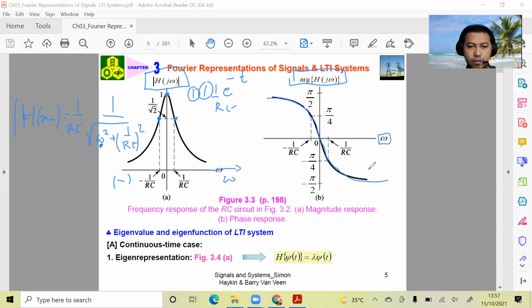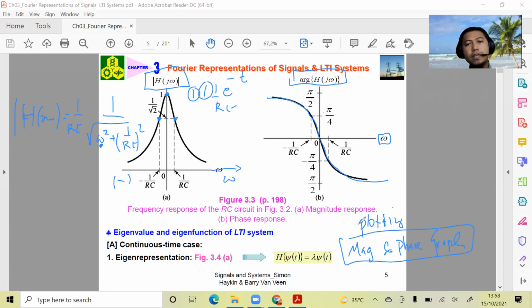Okay. That's enough about how to represent. So in this slide, I want to point out that we are plotting the magnitude graph and the phase graph. If you already understand how to plot the magnitude and phase graph, then that's enough.